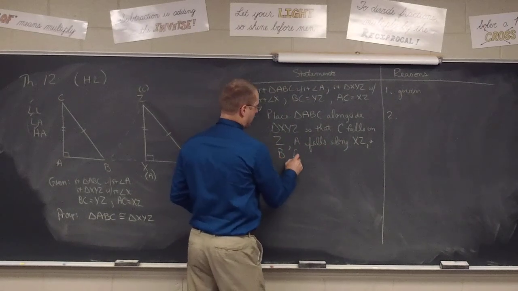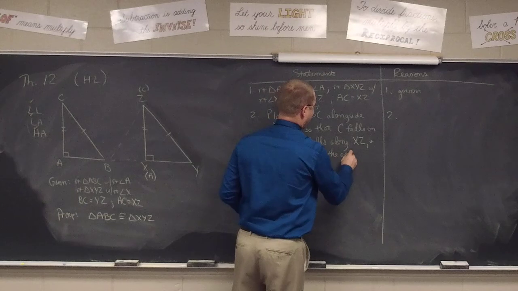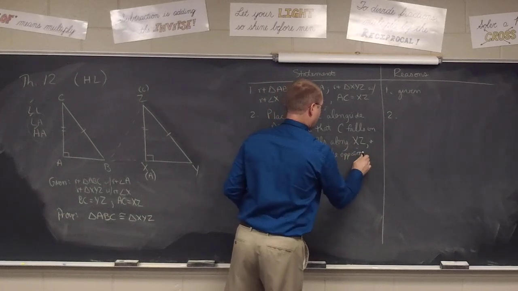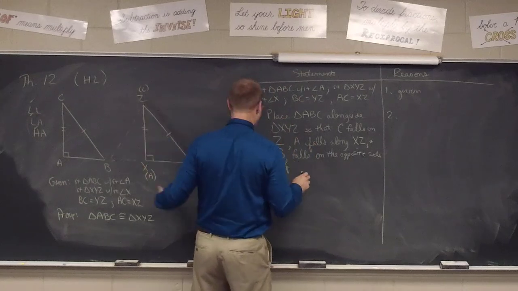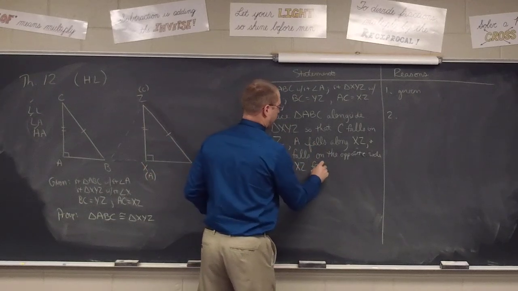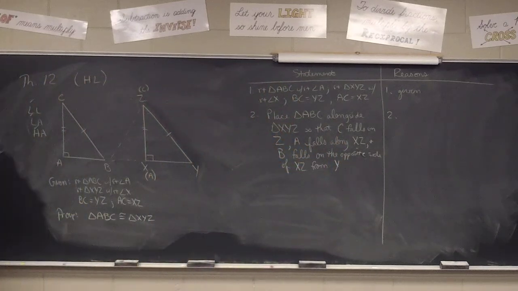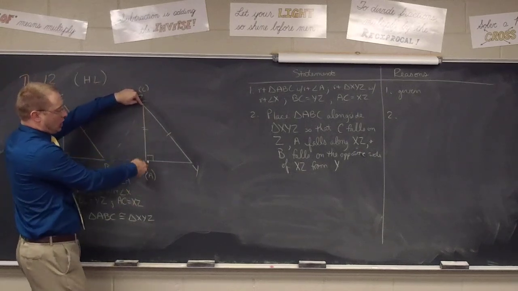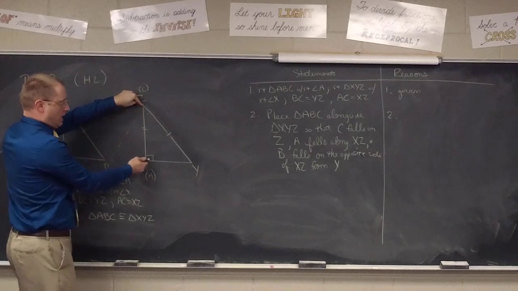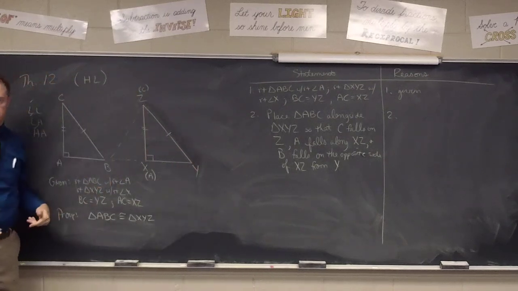And B falls on the opposite side of XZ from Y. Place triangle ABC alongside triangle XYZ so that C falls on Z, A falls along XZ, and B falls on the opposite side of XZ from Y.